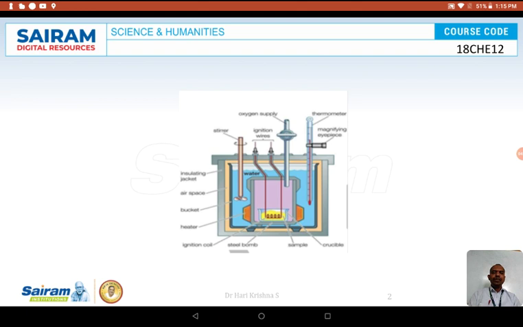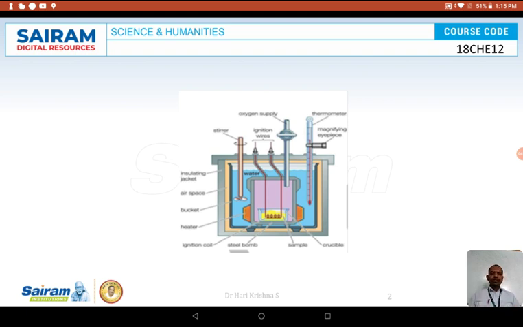By knowing the rise in temperature, the weight of water taken in the calorimeter and the weight of the fuel sample taken, the calorific value of the fuel can be determined. How it is determined, we will discuss in our further slides.